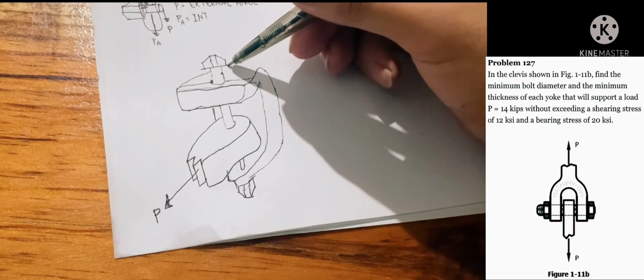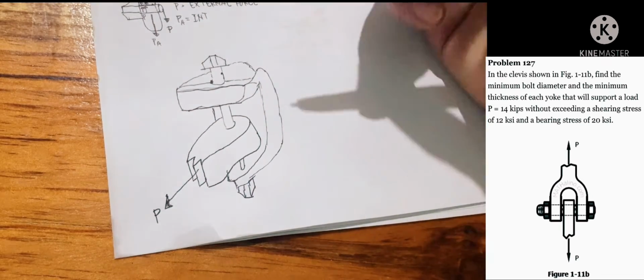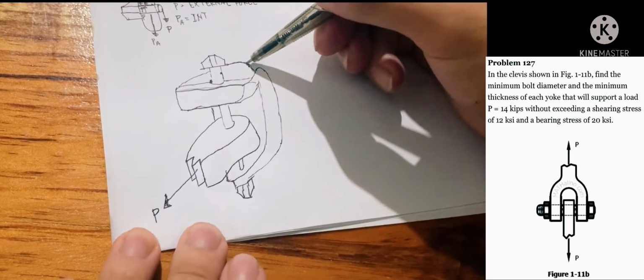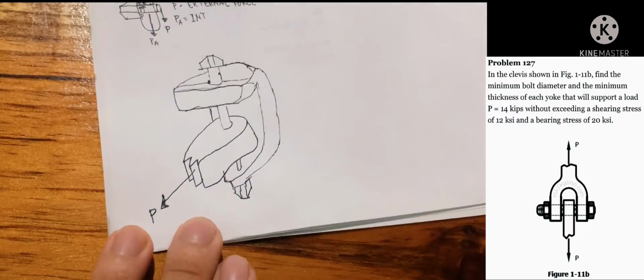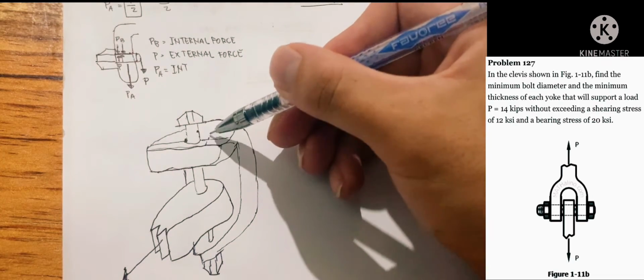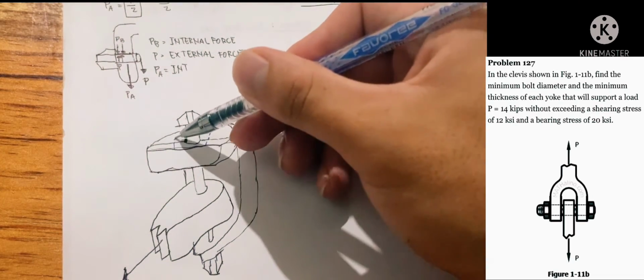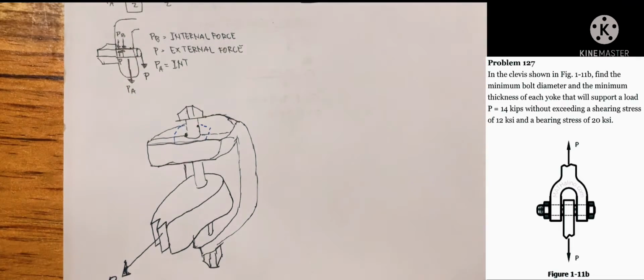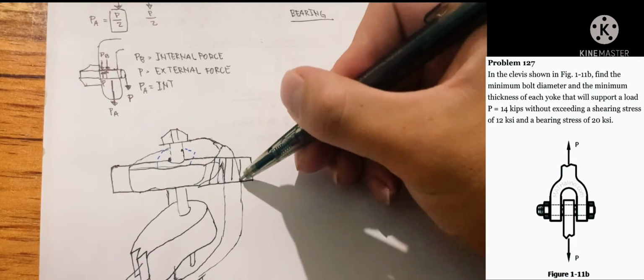So the location for our bearing would be at both clevis pins, at the connection of our clevis pin and our clevis. I will encircle one bolt in blue so that we know.